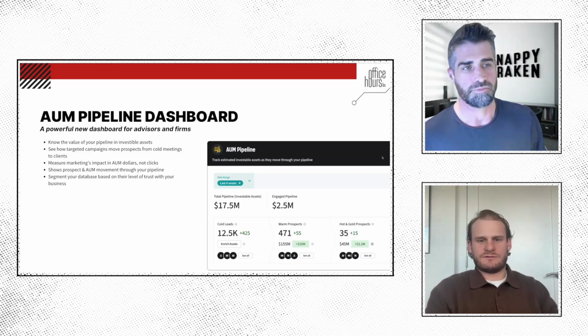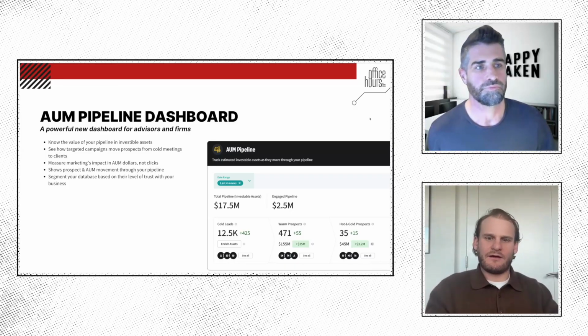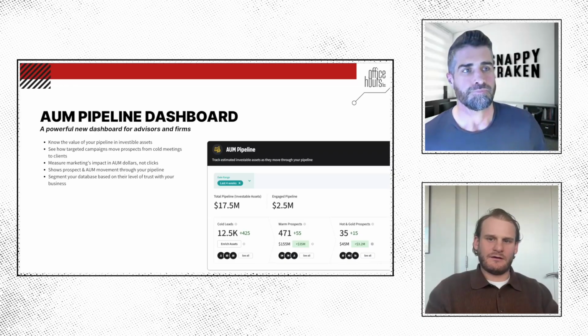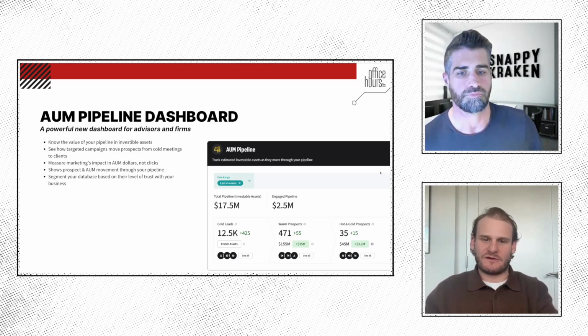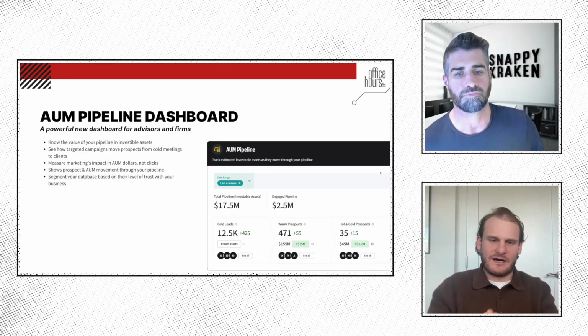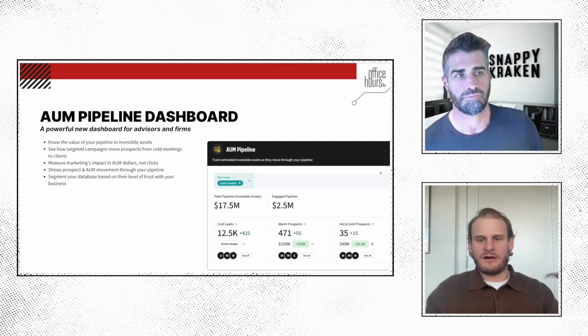Yeah, there are two categories of data in the pipeline. There are the contacts by stage, and there is the AUM data projections based on investable assets for each contact. So in terms of what stage each contact is in, you can configure your pipeline to associate each stage with one or more contact groups on the platform.